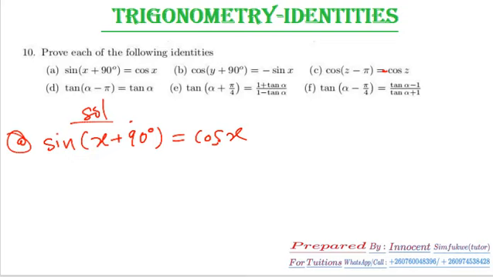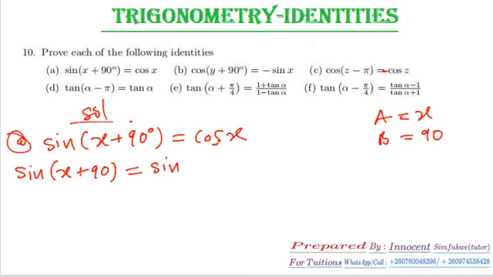So sine of (x plus 90) is equal to, have you seen that your a has been replaced with x, and your b has been replaced with 90? Since it's sine, you start with sine.